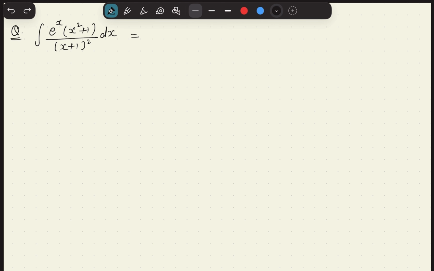Okay, now what I am doing, e to the power x is here. I am subtracting 1 and adding 1, and in the denominator, I have x plus 1 to the power 2 dx. Now I will separate this into two terms, e to the power x times (x square minus 1), and I have this plus 1 also here.